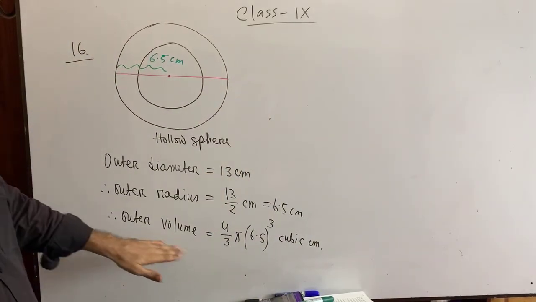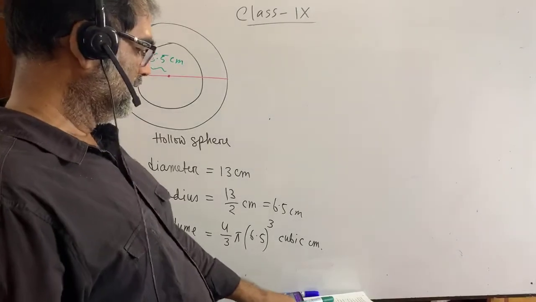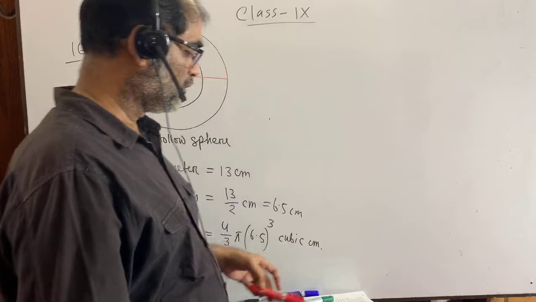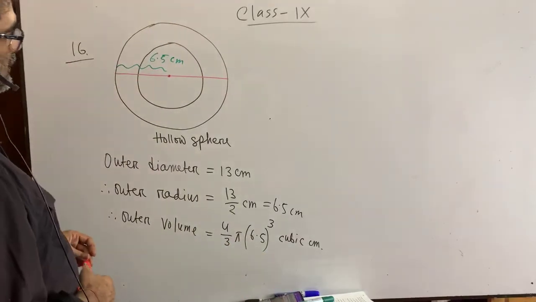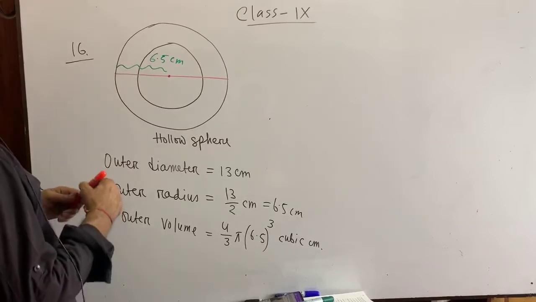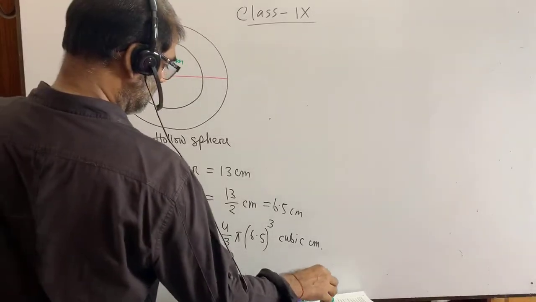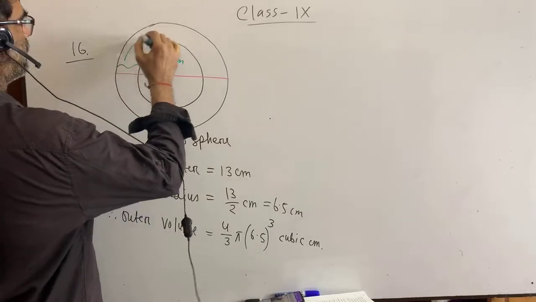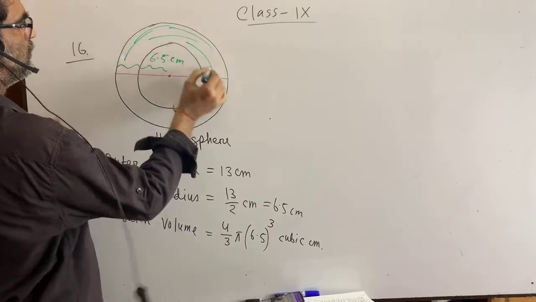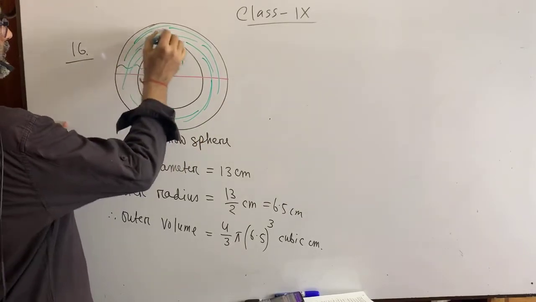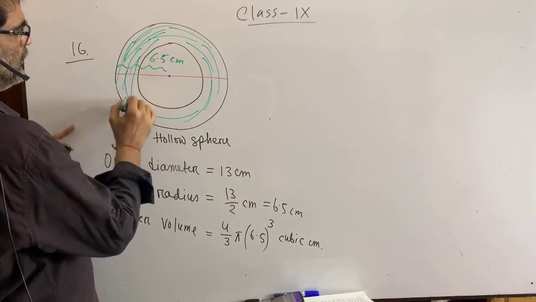It is outer volume. In this question, it is also told that the thickness of the hollow sphere, I mean the thickness of iron here, it is wholly and fully iron. Please try to understand, this part is iron.